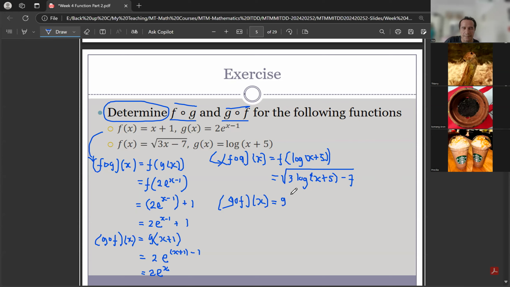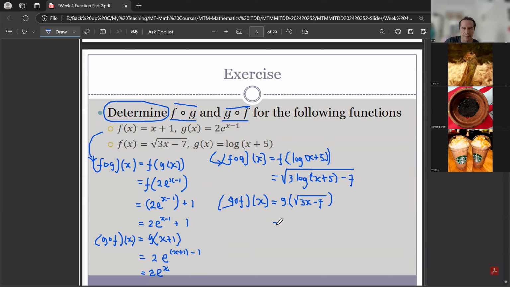The g applied to x, by definition f of x is the square root of 3x minus 7, and then we apply g to this square root. It means that every x in the logarithmic function will be replaced by the square root of 3x minus 7.